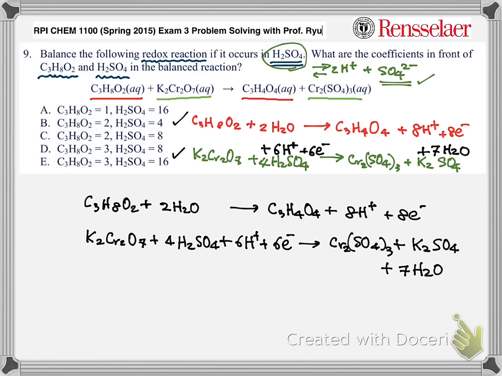Now let me pay attention to the last operation. The objective has to be that the electrons have to be removed on both sides, and the common number is actually 8 times 3, making 24 electrons.